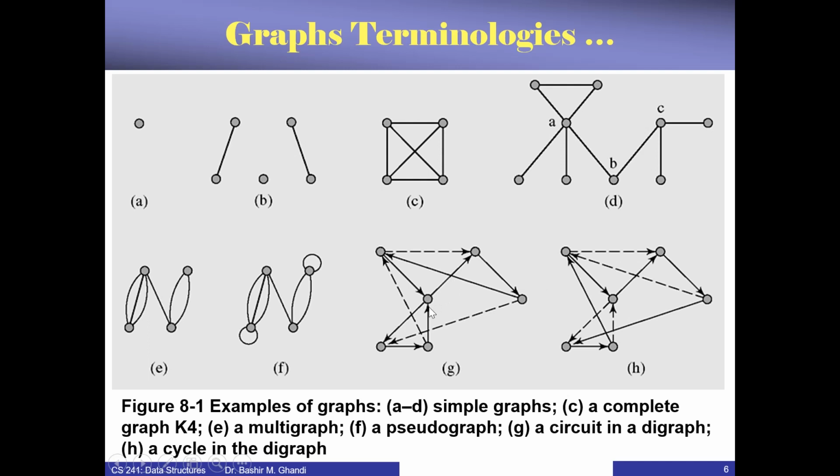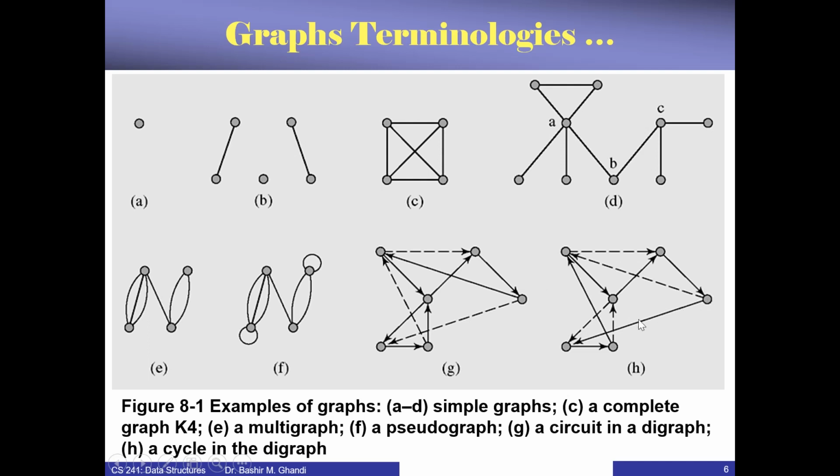However, there is a repetition of a vertex, and therefore this circuit is not a cycle. All right. However, here we're going to have a cycle, no repetition of vertex and no repetition of edge, and the starting vertex is the same as the ending vertex. So again, let us start from here.